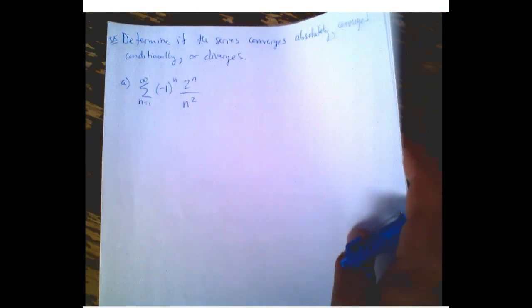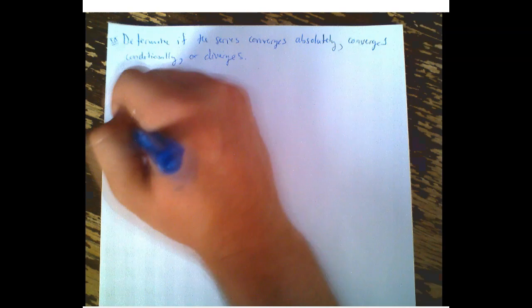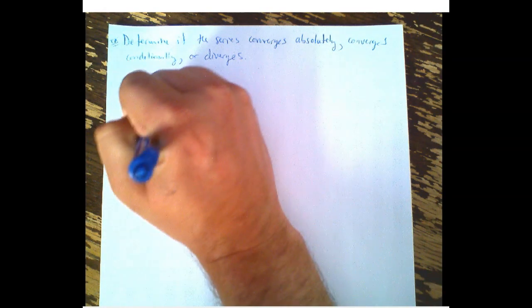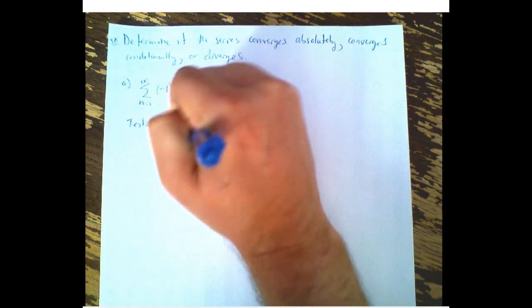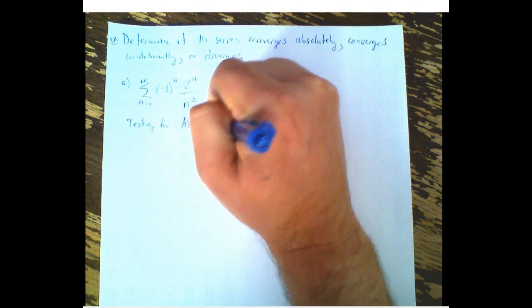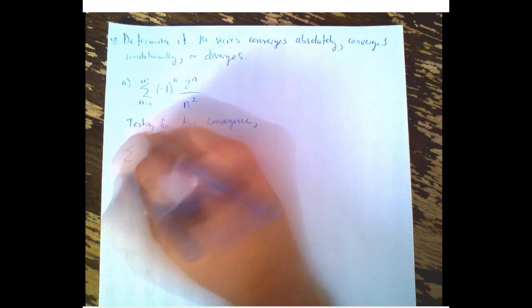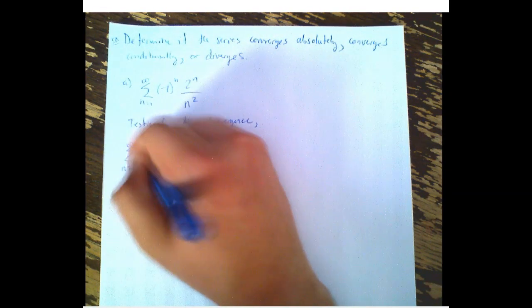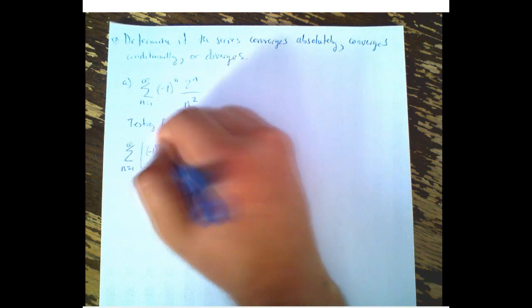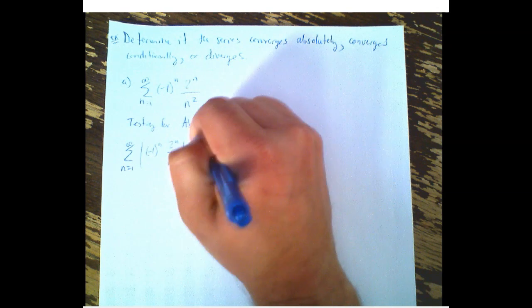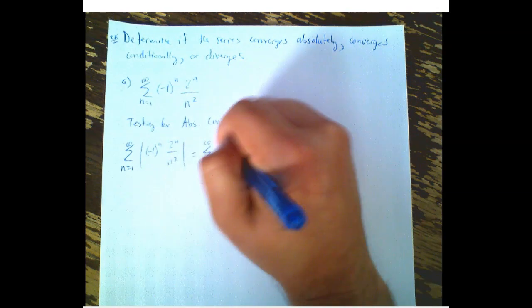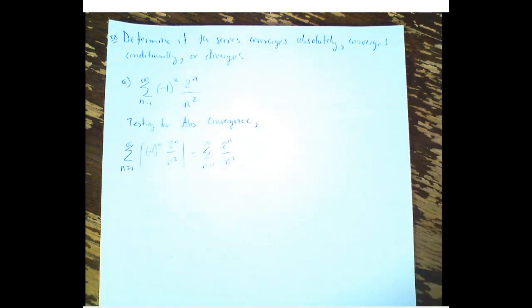Checking absolute convergence here. We want to consider the absolute value. That just kills the negatives, right? It's 2 to the n over n squared.